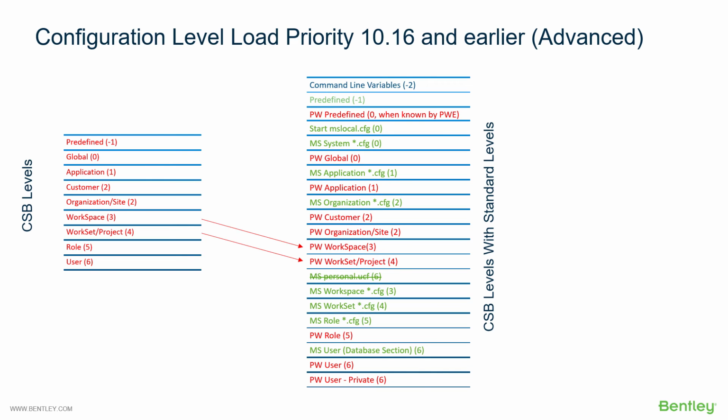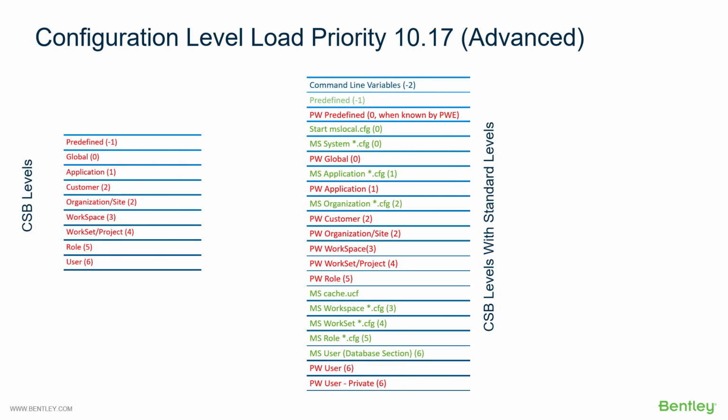These CSBs need to be loaded prior to encountering the workspace and workset levels. The next CSB level that needs to load is the role level. So when the next user level is encountered, the role CSB is loaded. Following that, the user CSBs are loaded, and then the personal user CSBs are loaded.